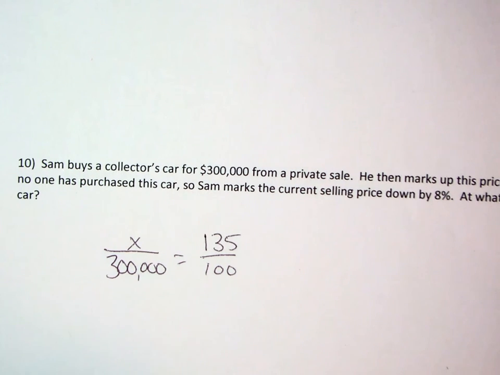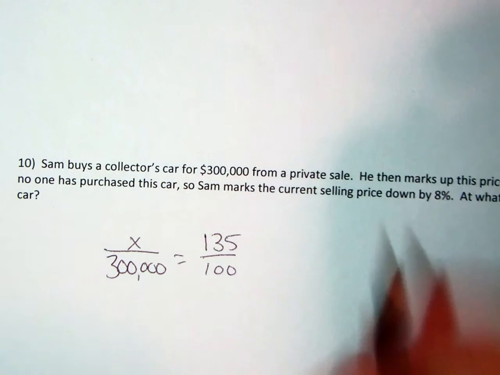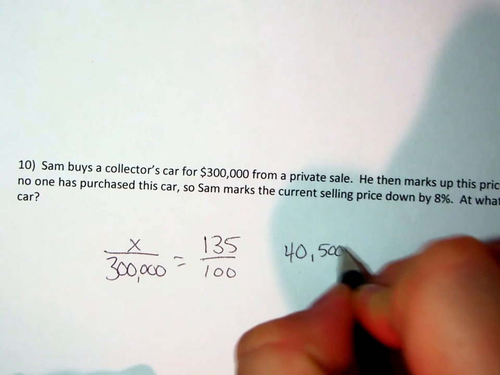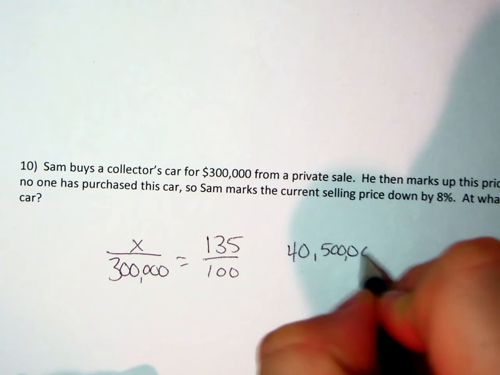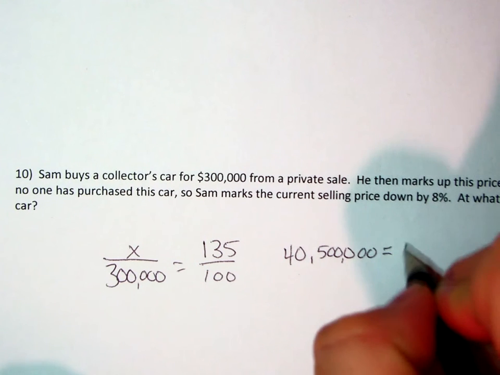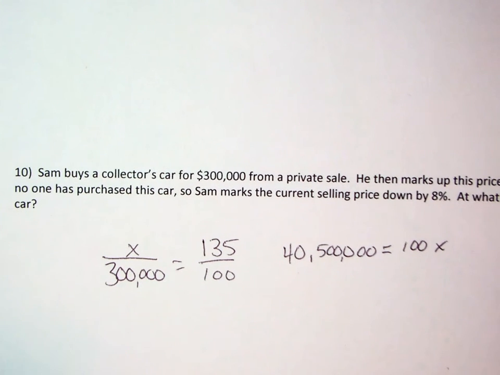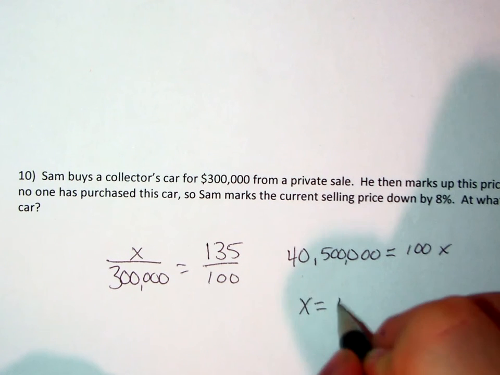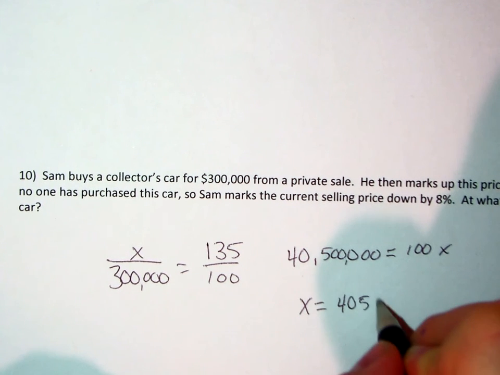And I'm going to go ahead and tell you that's some really big number. Let's see, that would be 40,500,000 equals 100x. Well, we then divide by 100, and our x equals 405,000.